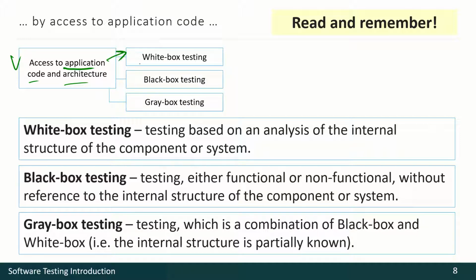First of all, it's white box testing. Here we may access the internal structure of the source code of any component or a system, but we absolutely have to mention here that there are several conditions. First, we have to understand the code. We must know the programming language, frameworks, and so on. Second, we have to physically access this code.